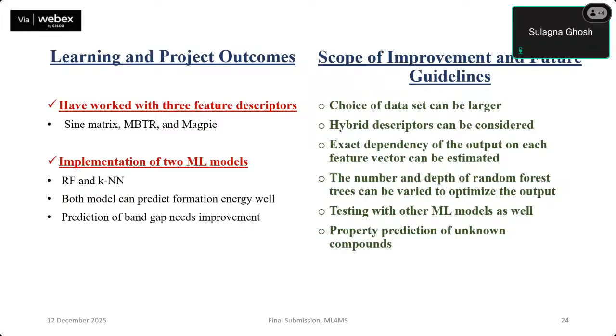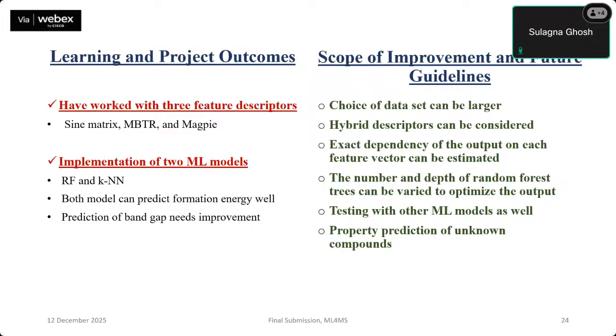So here might be our scope of improvement and future guidelines. We may work in this direction: our choice of dataset can be larger. We can consider hybrid descriptors, because for Coulomb matrix and MBTR we were only considering the structural features, and for Magpie there are compositional features, so we can combine both of them and make a hybrid descriptor.